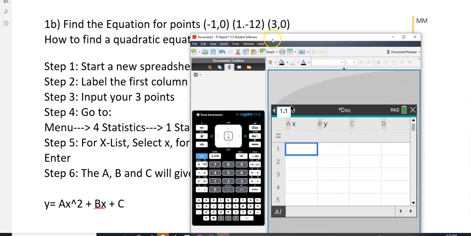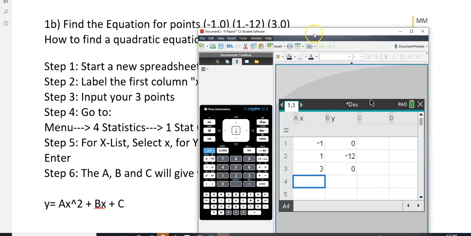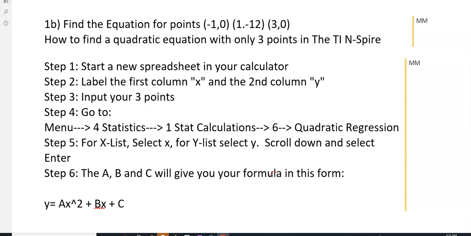My 3 points are negative 1, 0, 1, negative 12, 3, 0. All right. So I've got that, and once I do that, I've got my 3 points.